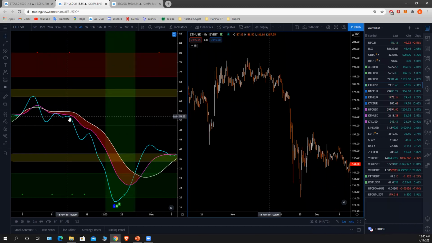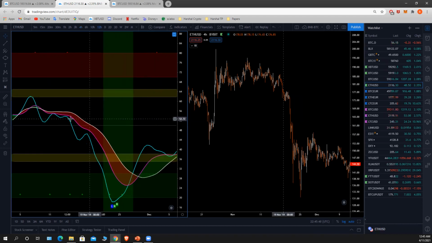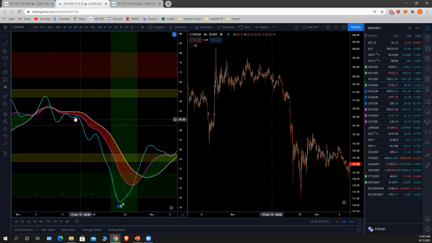And as you can see, when this started to turn down, it was around 183. From there, it dropped all the way to 130. So that was like a $50 move from this particular signal.